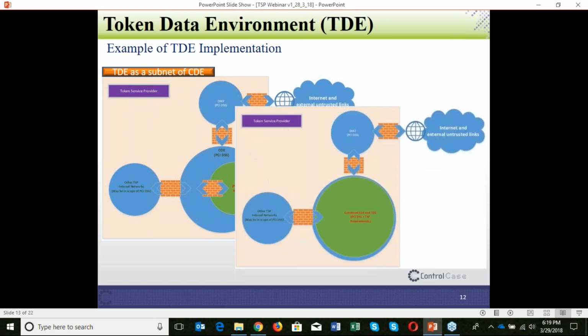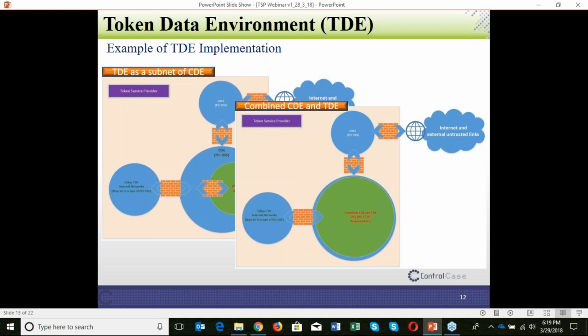The second approach is also possible for new or small entities, where they create a CDE combined with TDE, meaning the same segment will be called CDE TDE.